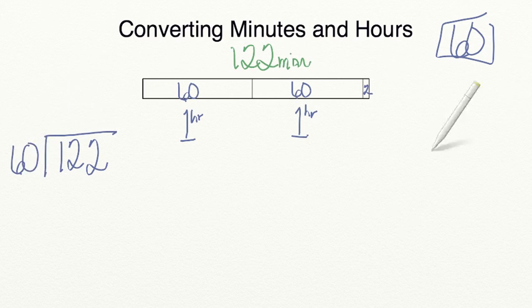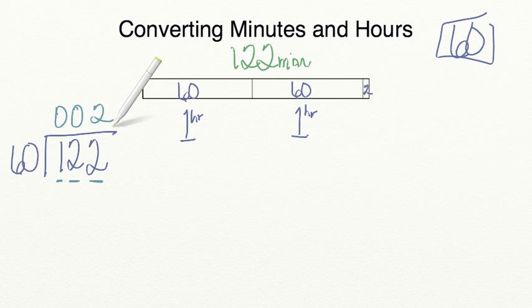And this is going to tell us how many hours we're going to be watching this movie. So 60 cannot go into 1, so I'm going to put a 0 as a placeholder. 60 cannot go into 12, so I'm going to put a 0 as a placeholder and move to my next place value. 60 can go into 122 2 times.